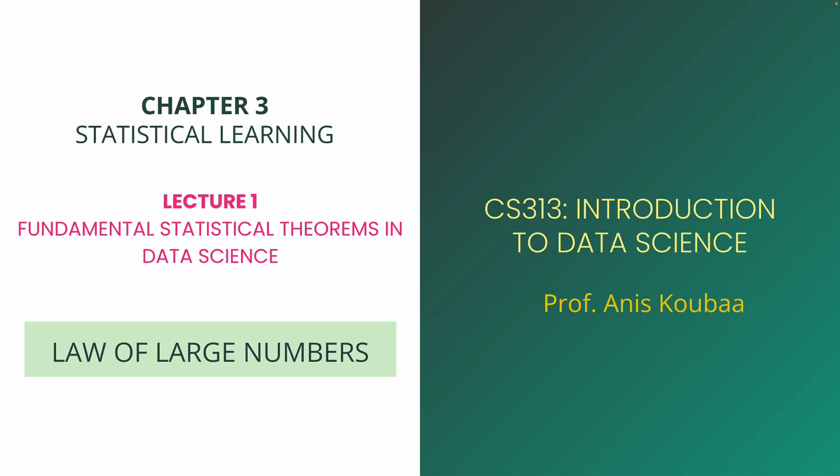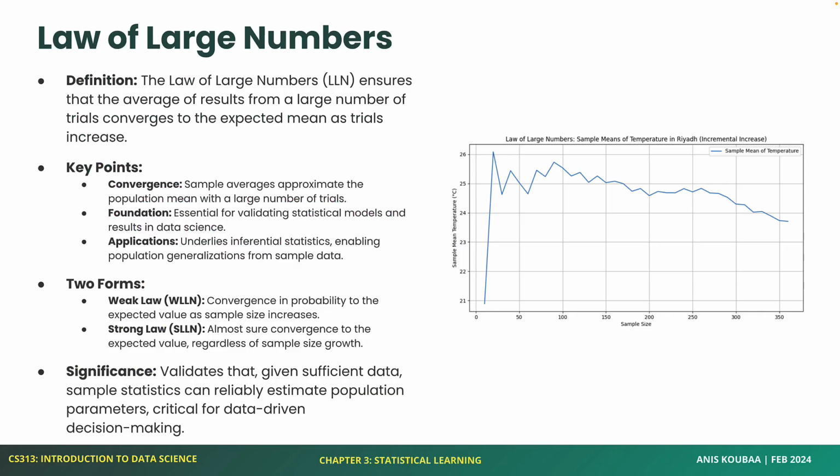The second theorem is about the law of large numbers. So the law of large numbers, what does it mean? It's very simple. It says that when you have a sample that will grow to a large number, then the mean is going to converge to the population mean.